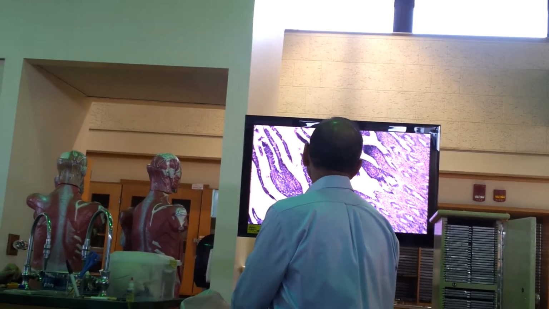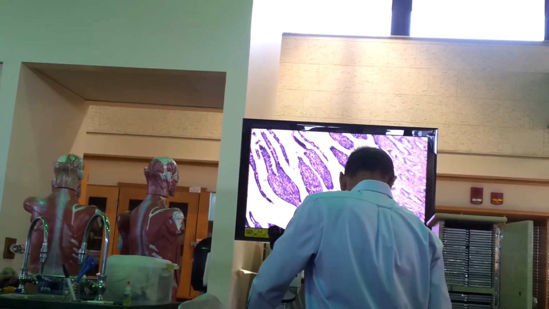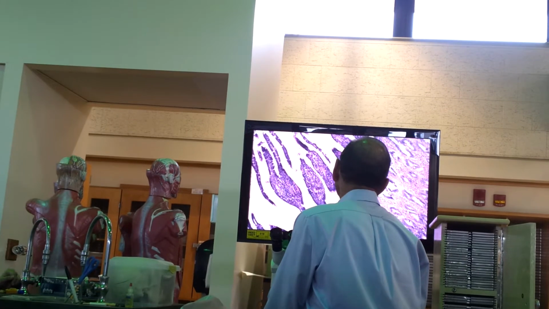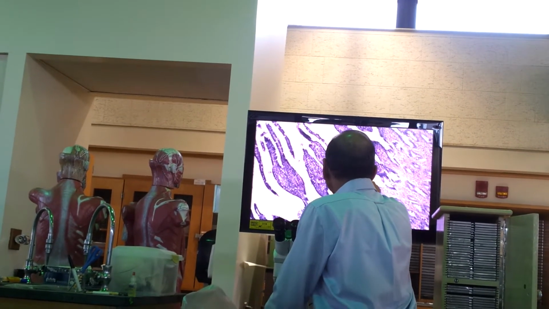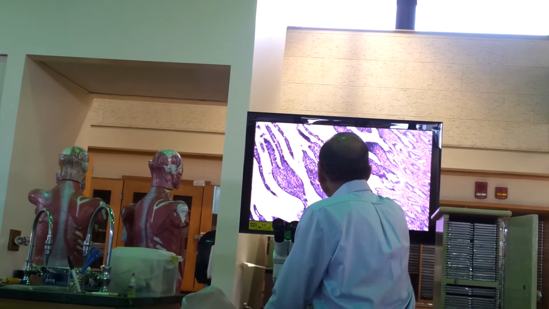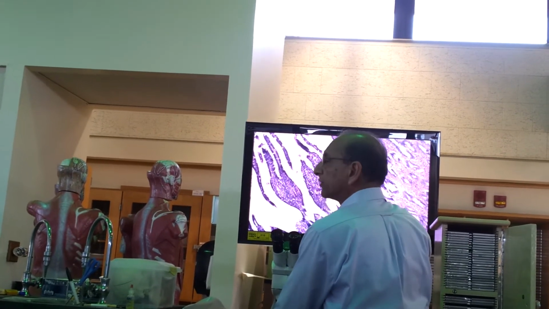This is not a good slide as far as this is concerned. But this outside is simple columnar epithelium, and in the center is lamina propria. Lamina propria is loose tissue.